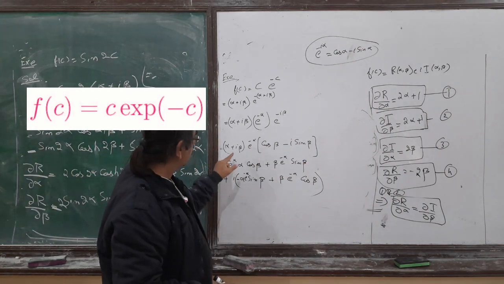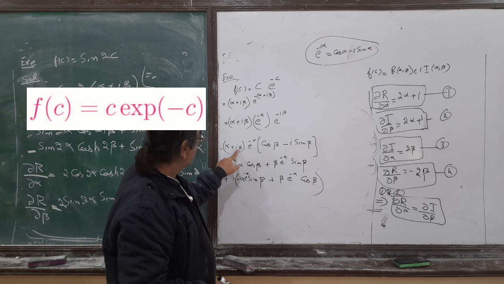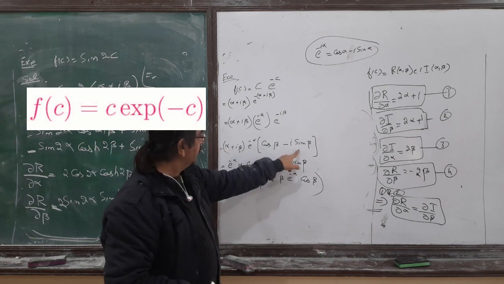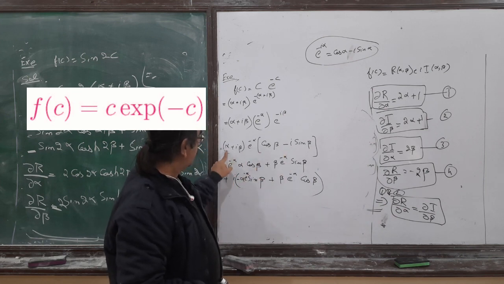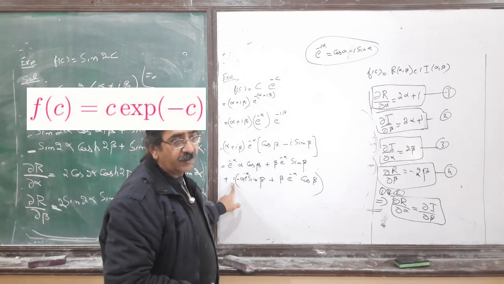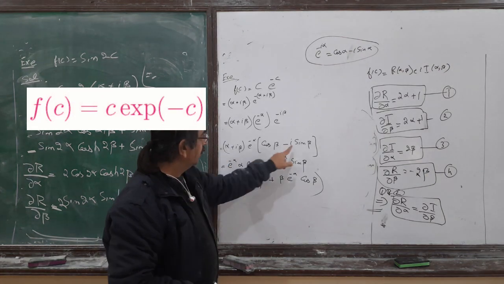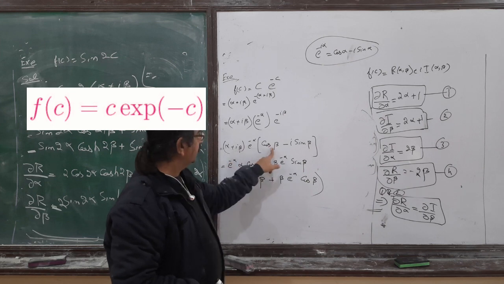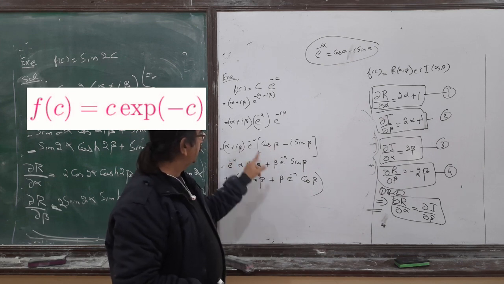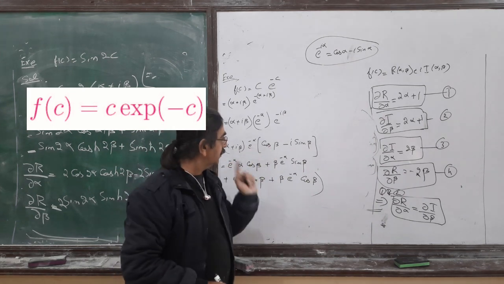The other term, i multiplied with alpha, I have taken common: minus i alpha e to the minus alpha sin beta, and then beta e to the minus alpha cos beta.